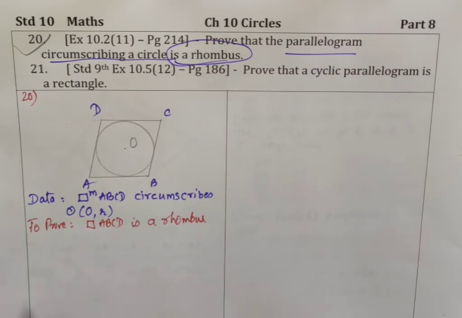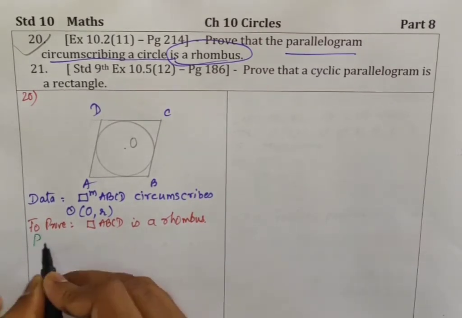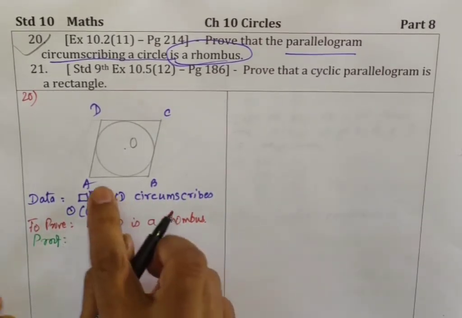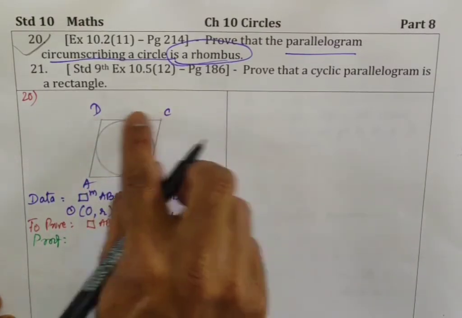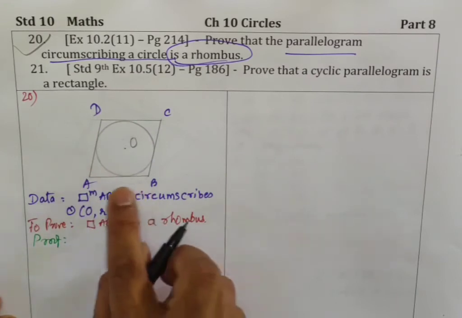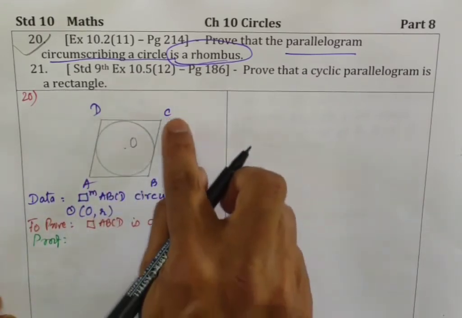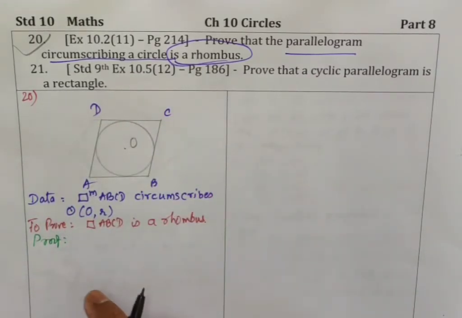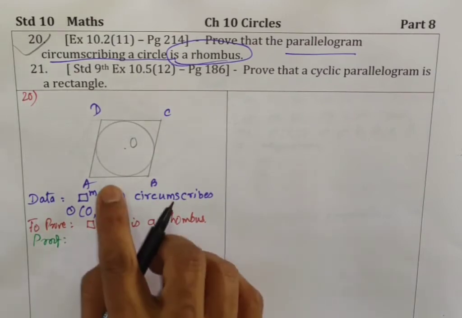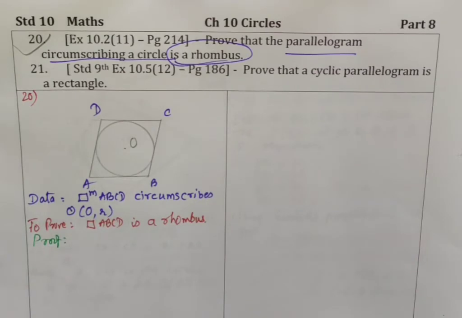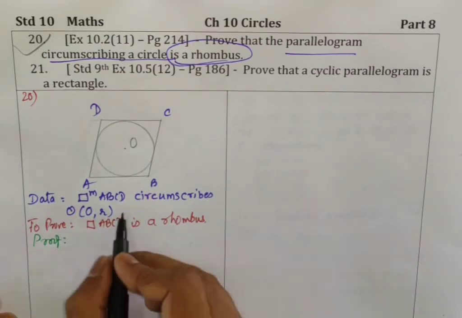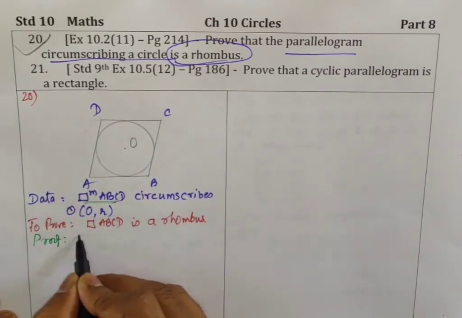Proof. Children, this quadrilateral, though it is a parallelogram, is circumscribing. So AB plus CD is equal to BC plus DA, the previous result. And next, AB equal to CD and BC equal to AD because it is a parallelogram. So I'll start with that first.